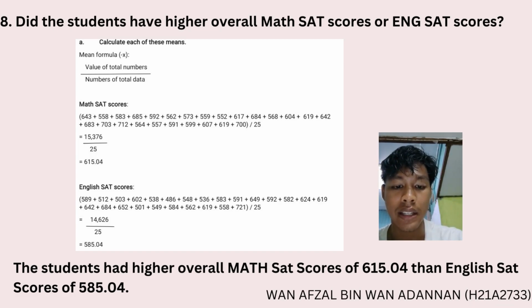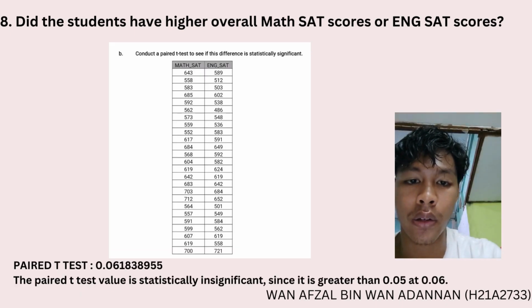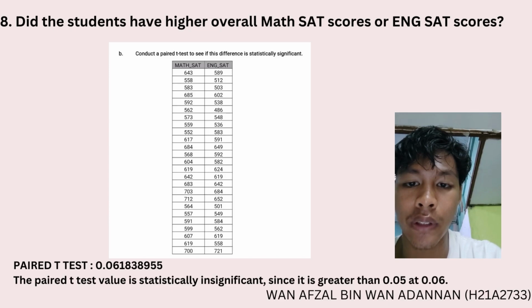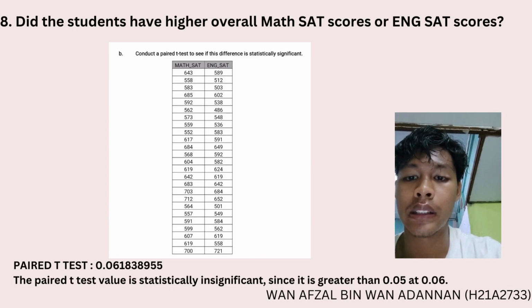For the English SAT score it is 518.04. So the students had a higher overall math SAT score, 615.04, than English SAT score of 518.04. The next is to conduct a test to see if this difference is statistically significant.